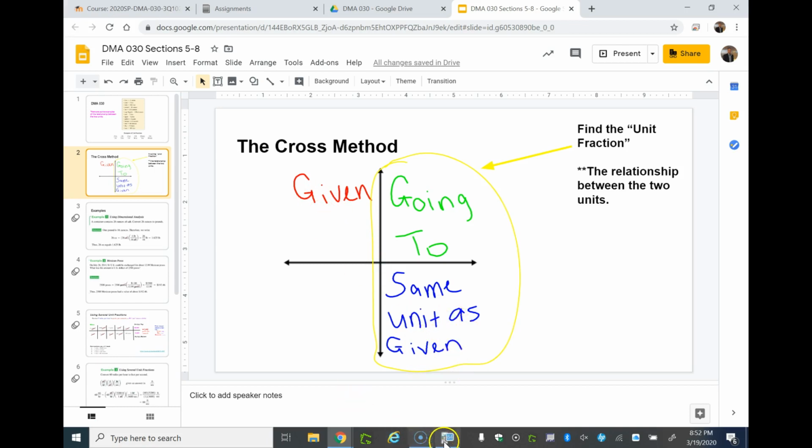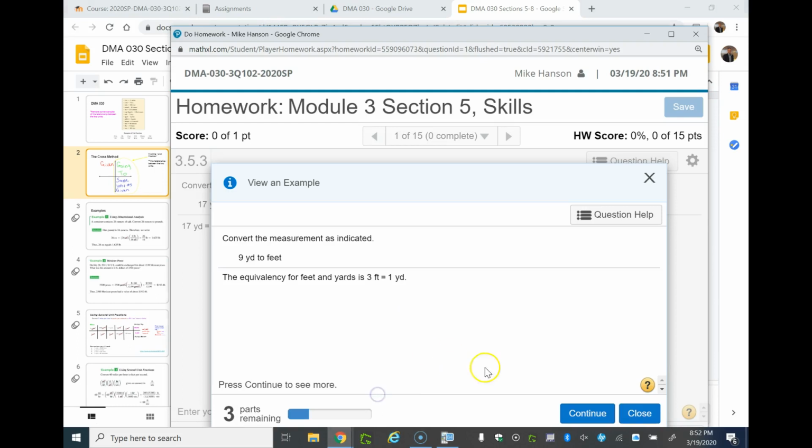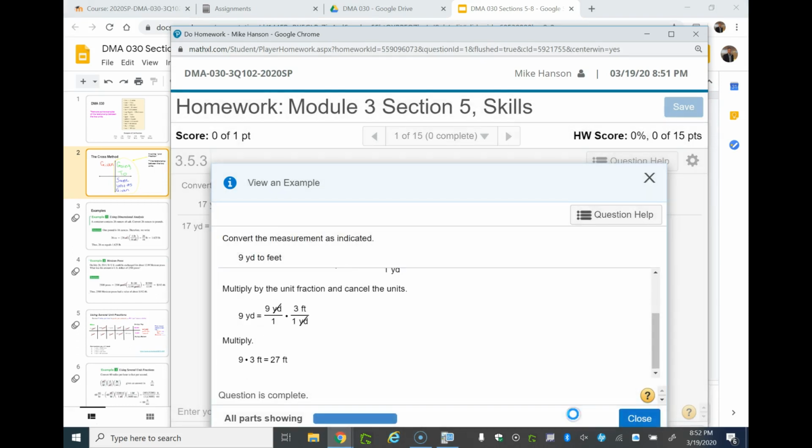Another example: if I go down a little further, it shows that I have 9 yards, and then in the bottom right-hand corner, I'm going to have yards again. They should match because we want them to cancel out. By these canceling out, it'll leave us what we're trying to go to, which in this case is feet. Feet is the only thing that should be left unmarked.